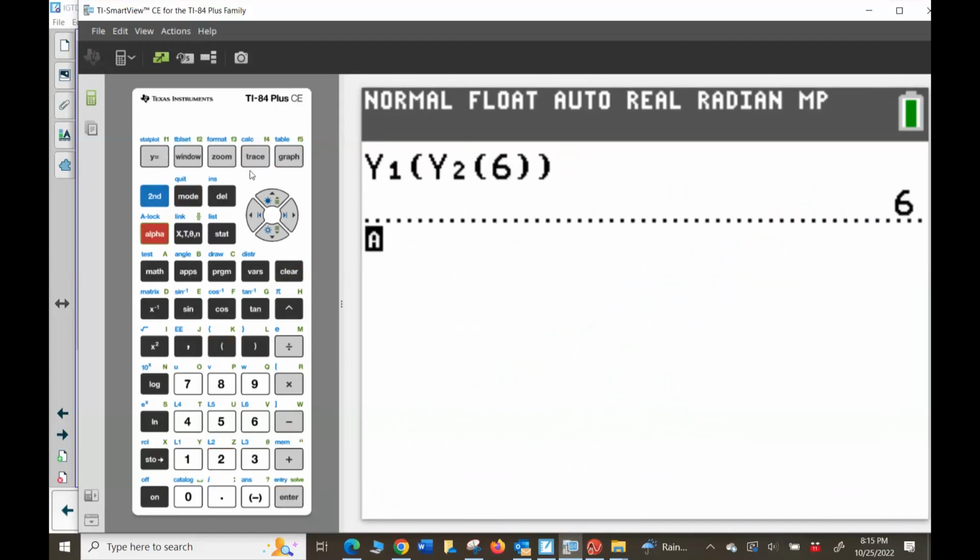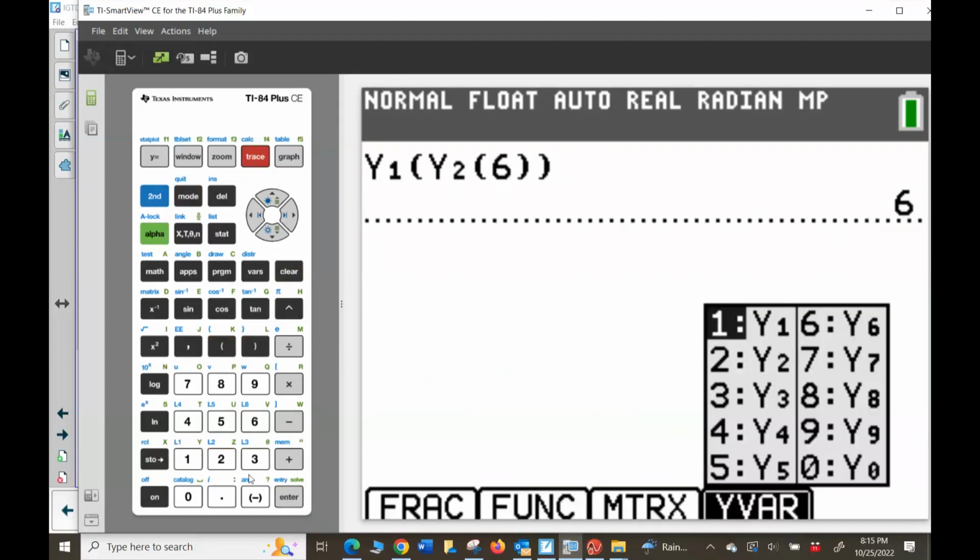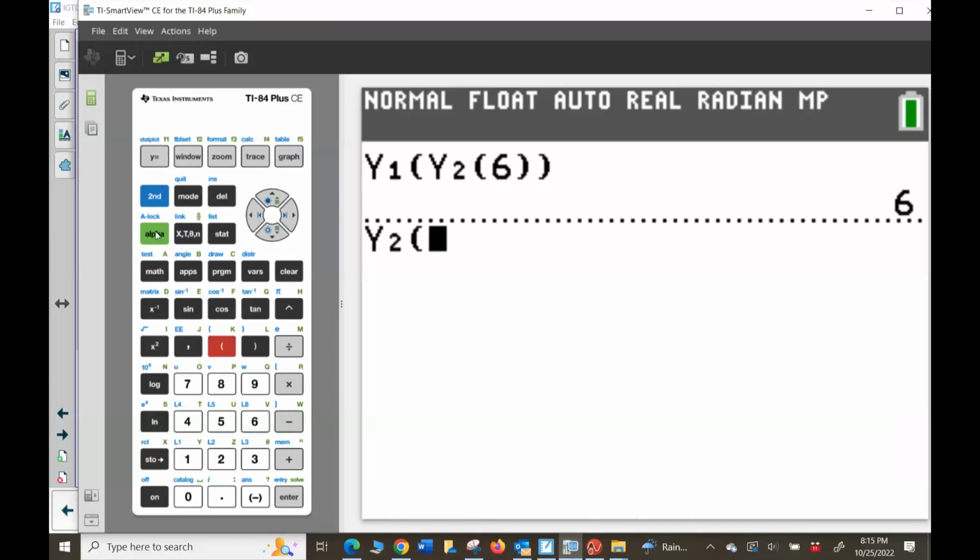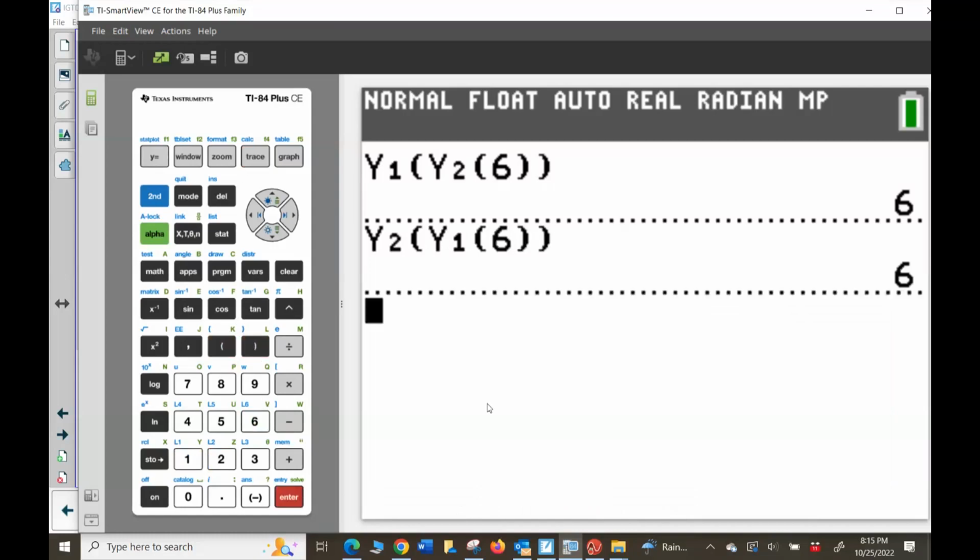And if I go the opposite direction, let's say y2 of y1 of that same number, 6, I also get 6. So not only do I get the same answer, but I'm getting the identity function. Okay, so all of these things that we talk about, inverses and inverse functions and inverse relations, seem to come up here. And so I like to be able to see all of those things.